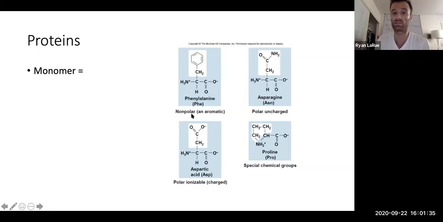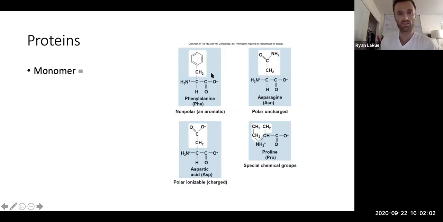As you can see, this one's a non-polar amino acid. This one's polar. This one's ionizable, so it has a charge to it. And that all is going to affect how the protein bonds. It can form an ionic bond if it has this charge versus a hydrogen bond with the polar group.